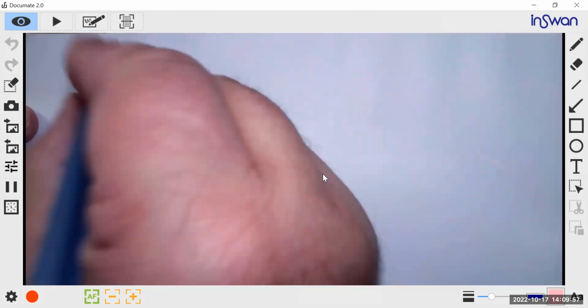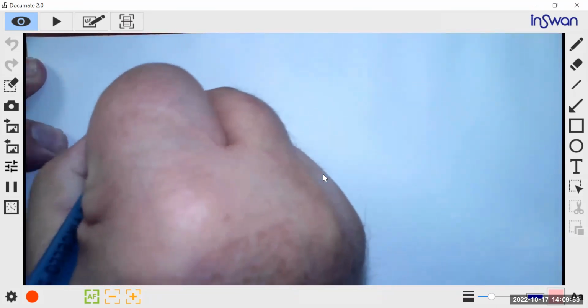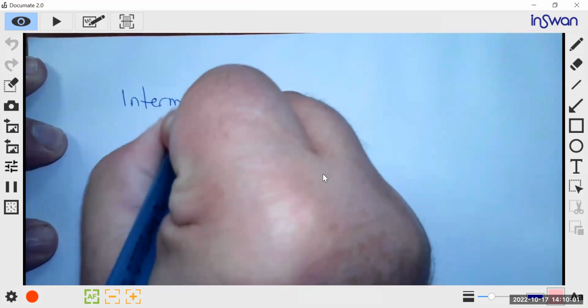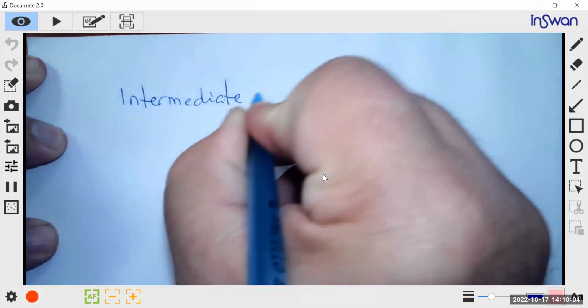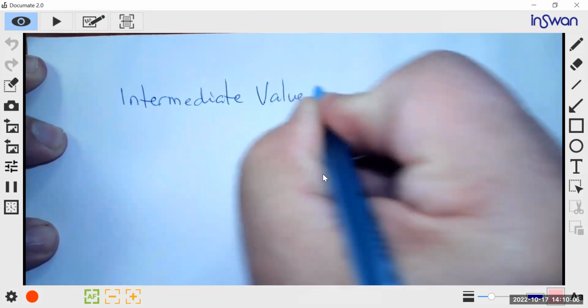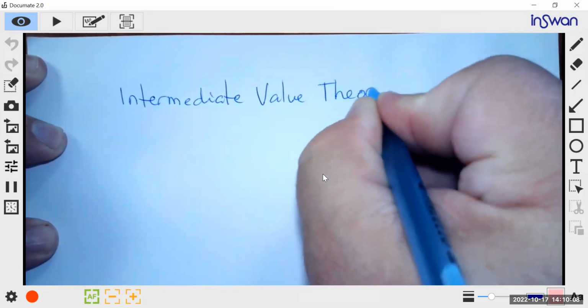The last thing in this section, the intermediate value theorem.